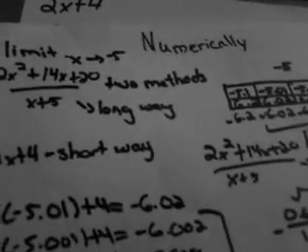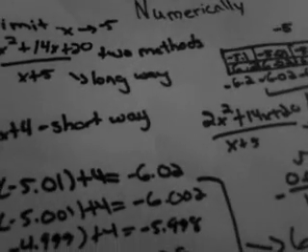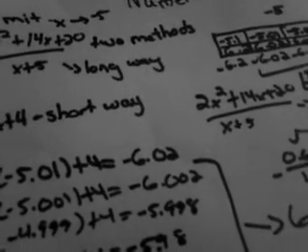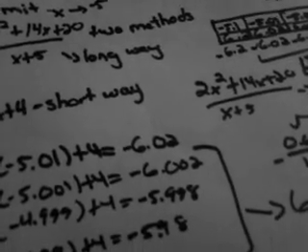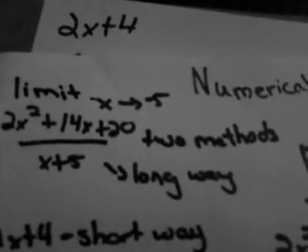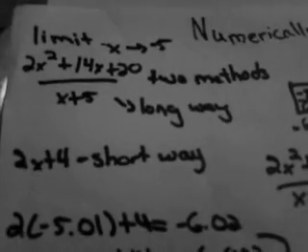Okay, the next way we can solve this is numerically. Numerically, we have to use a table to show the cluster of numbers. First off, we have the number and the limit. We have two methods of doing this: the short way, which uses a bit of algebra, and the long way, which actually uses the whole expression.